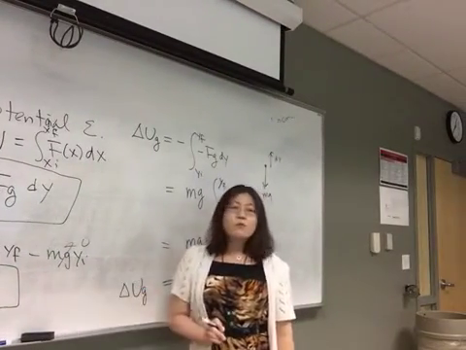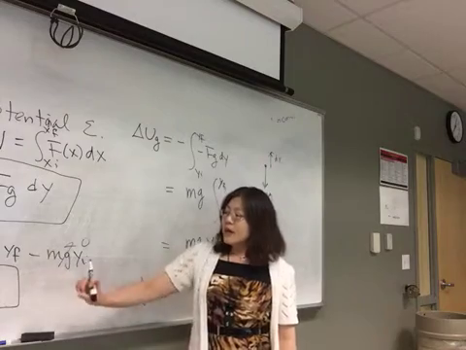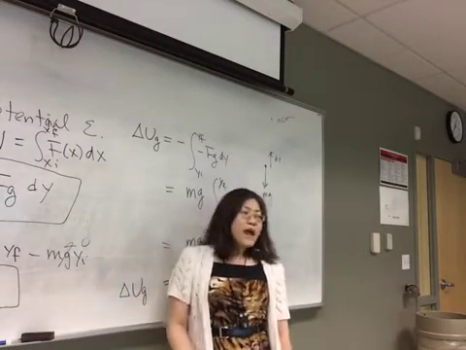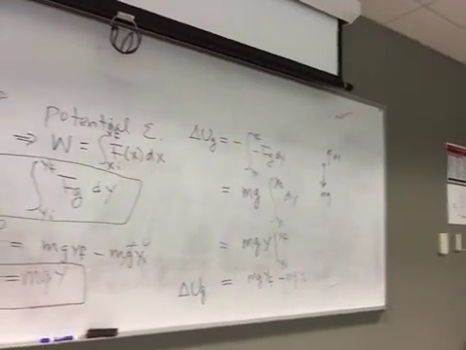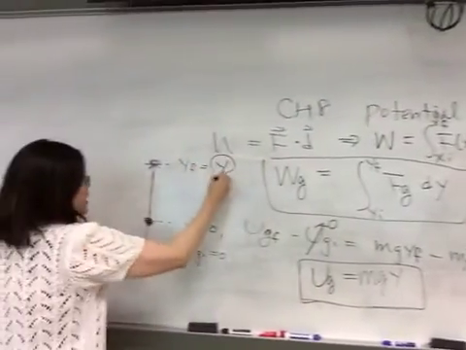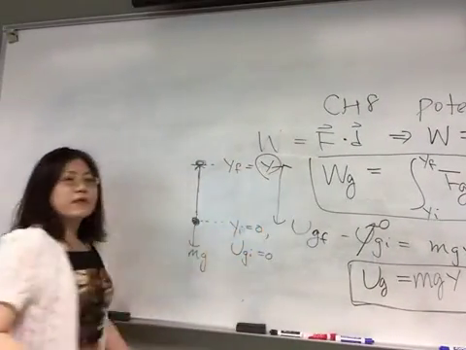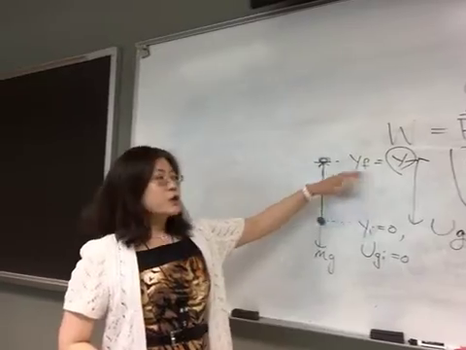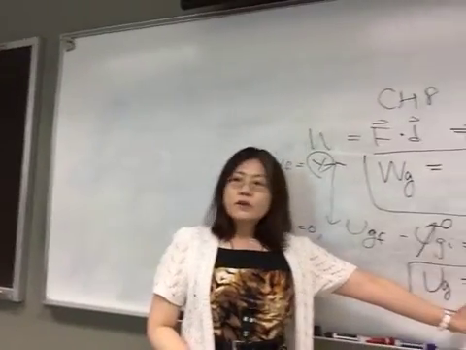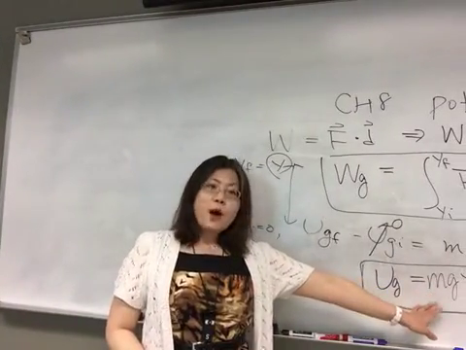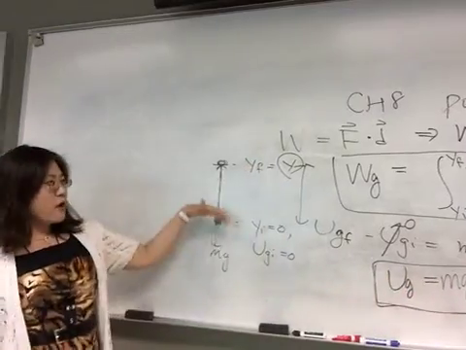So that's just mgy, and you can see that it really depends on your y value, because your y here is above the reference point. So the gravitational potential energy is positive because it's above the reference line.